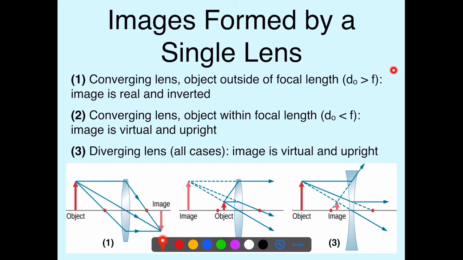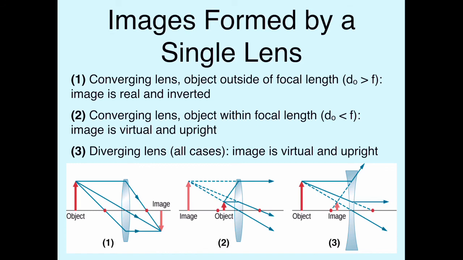So DO is greater than F. So that's shown in this diagram here. We have the object outside of the focal length. And if we draw the 3 principal rays, we see that a real image forms on the opposite side of the lens, but it's inverted. So the arrow is upside down.